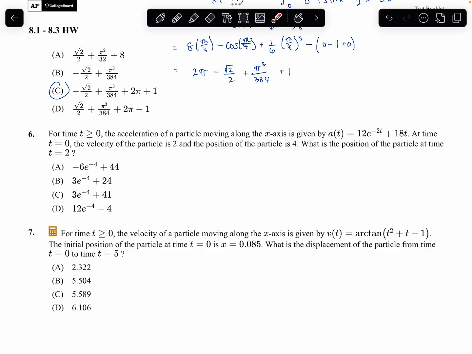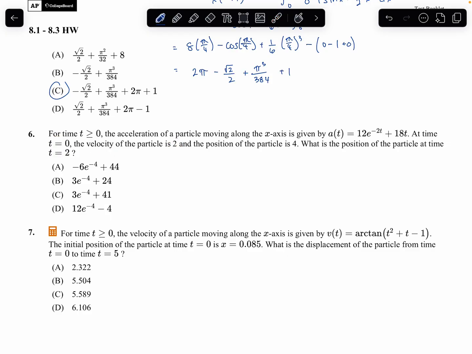For time t greater than or equal to 0, the acceleration of a particle. Oh, they have another one like this. All right, cool. More practice. Let's go. So for time t greater than or equal to 0, we have the acceleration. Let's do the same thing. This is good because I'll probably do a problem like this on the test anyway. Since we want velocity first, we'll use the initial velocity they give us at t equals 0.